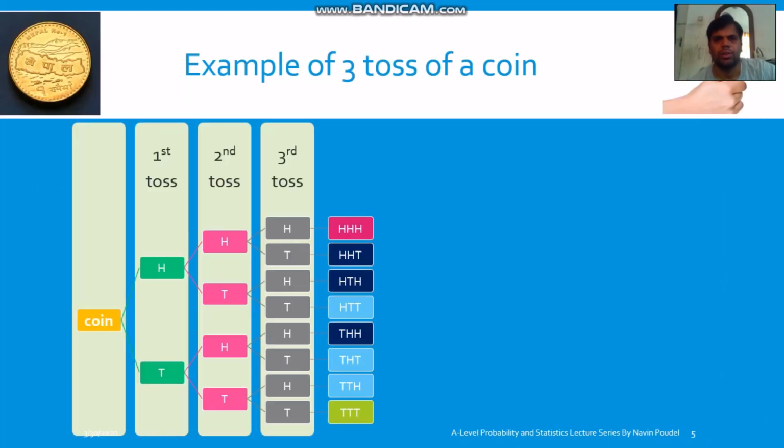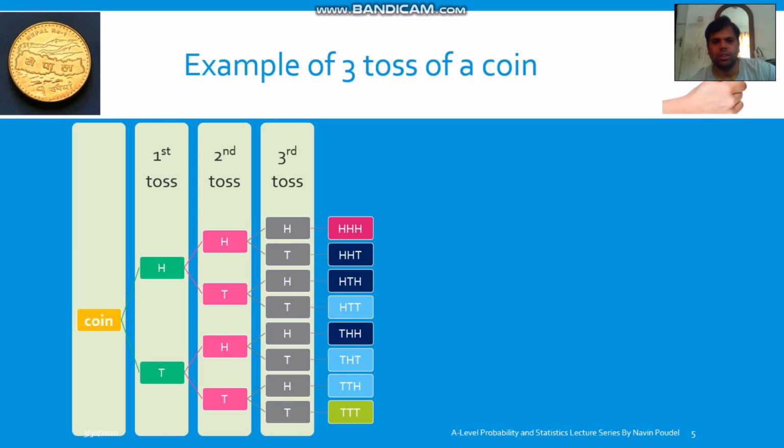Let's talk about an example of 3 tosses of a coin. The tree diagram associated with 3 tosses of a coin is shown here, and what you can observe from the tree diagram is that in each and every toss you have 2 possible outcomes, head and tail, and each toss is independent of the previous toss.